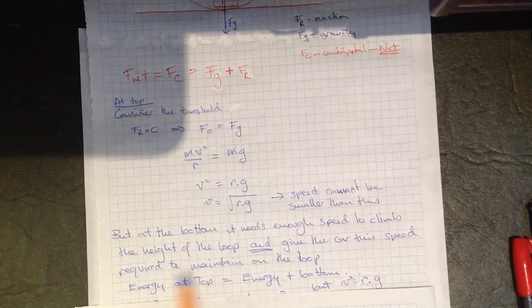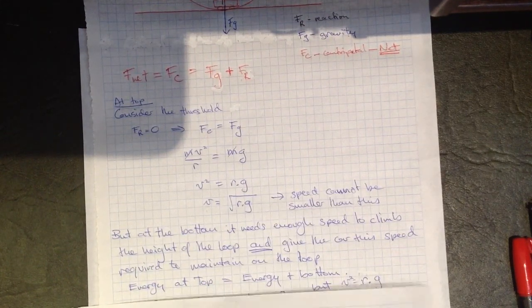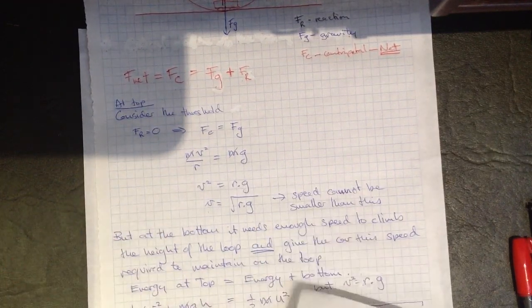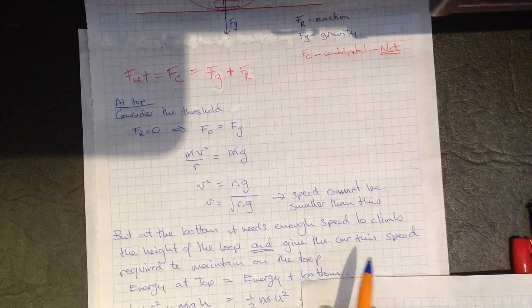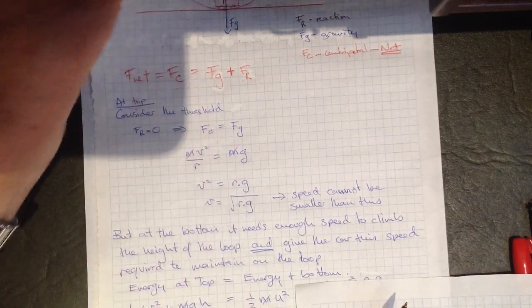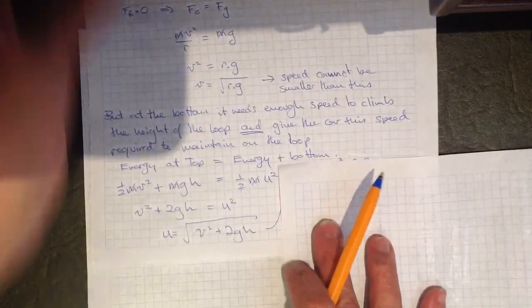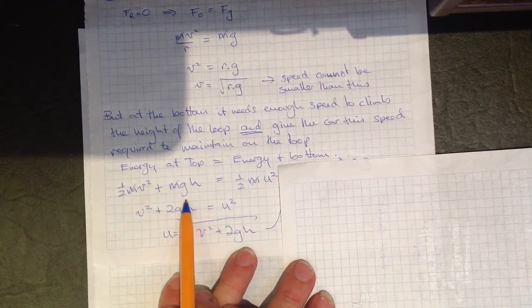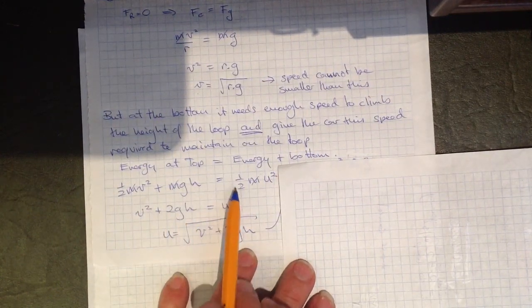So the total energy at the top has to be equal to the total energy at the bottom. And so that means that a half mv squared plus mgh is going to be equal to a half mu squared.